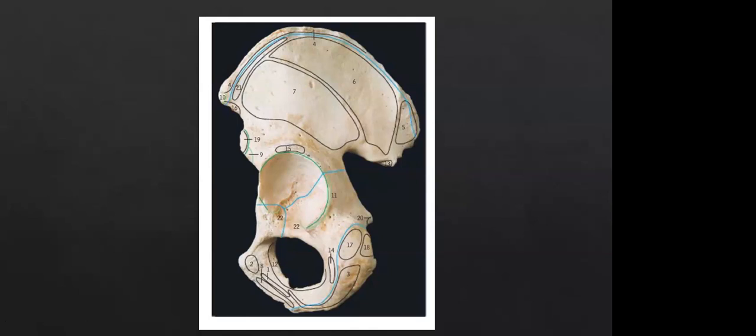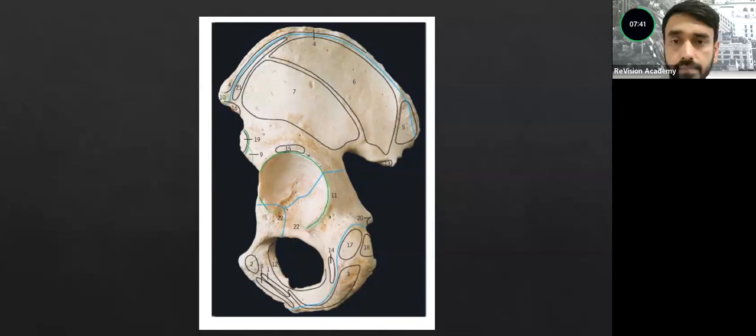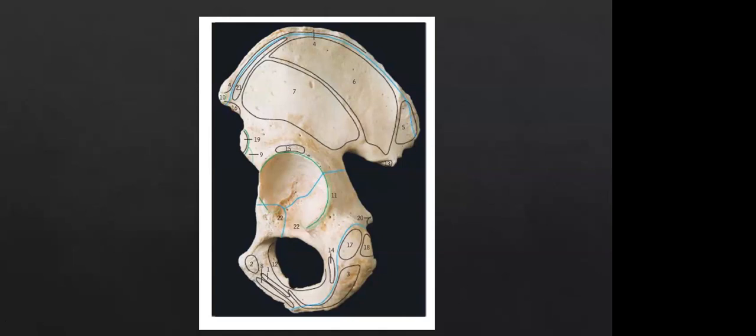Can you tell me the insertion of gluteus maximus? It inserts on the iliotibial tract, and also attaches to the gluteal tuberosity of the femur. Can you tell me its nerve supply? It is supplied by the inferior gluteal nerve.